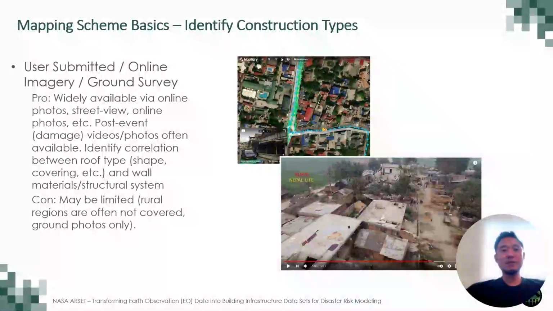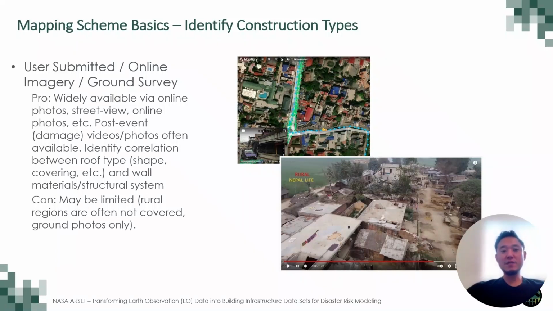One of the things we heavily rely on for identifying the construction types is any type of ground imagery or videos, mainly Google Street View and Mapillary. The pros of this is that they're widely available and often pretty good quality. In some cases post-event, there'll be some damaged buildings, so you can get images of the building materials, maybe some structural types.